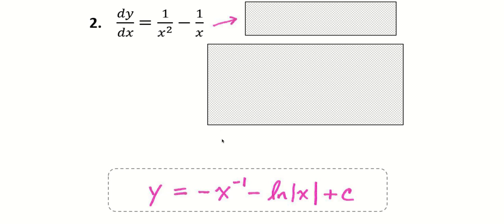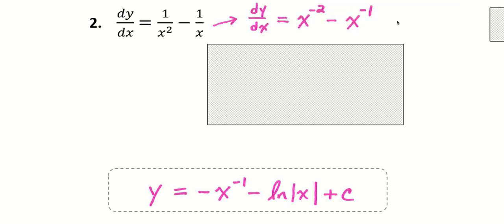Number 2, same sort of intro about, is this technically separation of variables? Sure, but all you really end up doing is integrating on the right side here. And it helps to rewrite both of these first with a little bit of algebra. I haven't actually taken the integral yet of both sides.